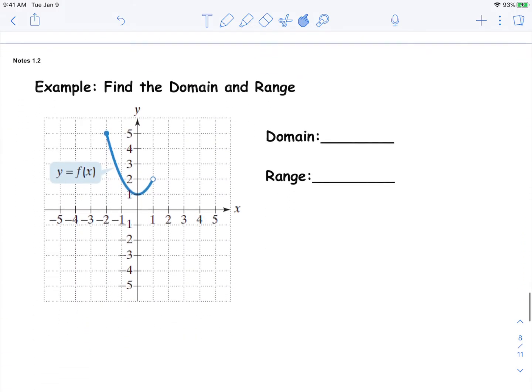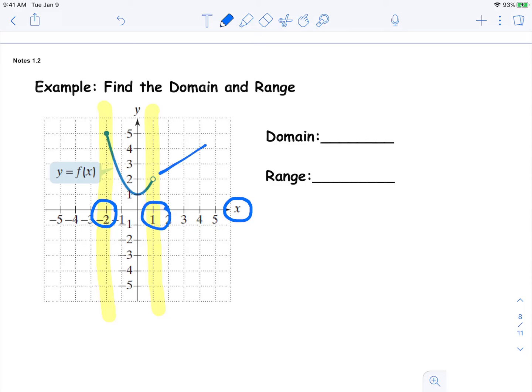Let's do another one. So we'll start with domain, the x, and we'll create our vertical lines. So we have -2 to 1. So it starts at -2 and it stops at 1.